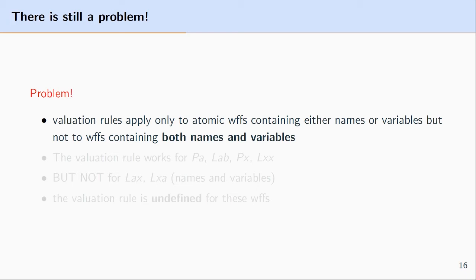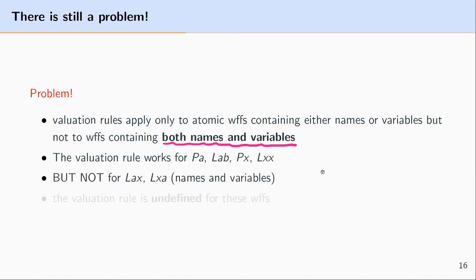But this doesn't really solve the whole issue, because having these two different rules doesn't give us a valuation function that addresses formulas with both names and variables. While it works for formulas like Pa, Lab, Px, Lxx, that is, formulas that are closed and consist only of names, or formulas that are open and consist only of variables, it doesn't work for formulas that contain a combination, Lax, Lxa.